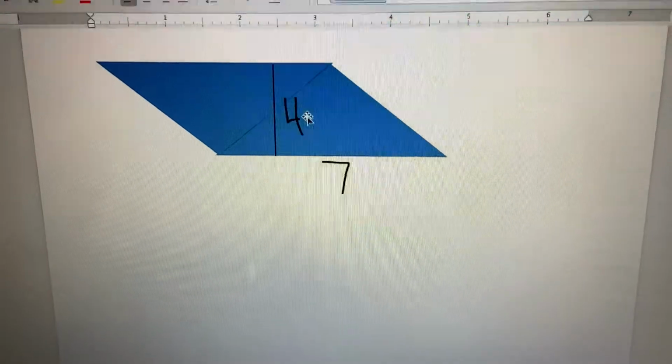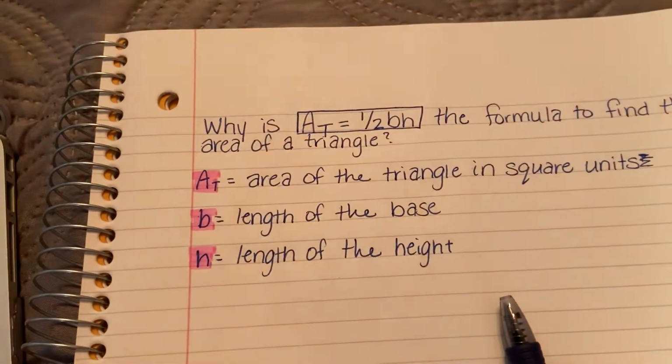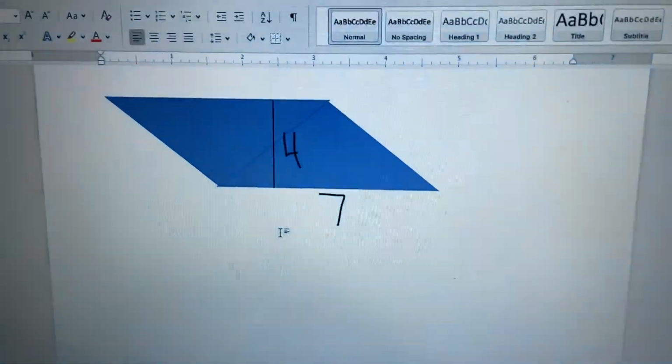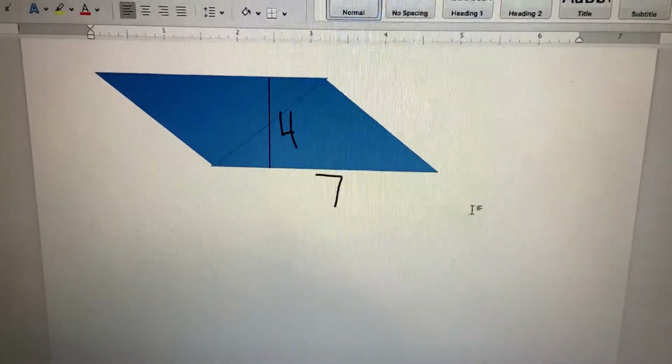And if you move down here, split the parallelogram in half, which is what the formula says to do, you now get a height of 4 and a base still of 7.